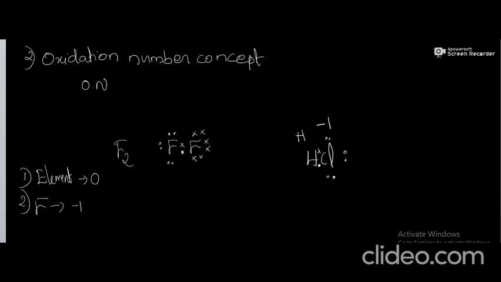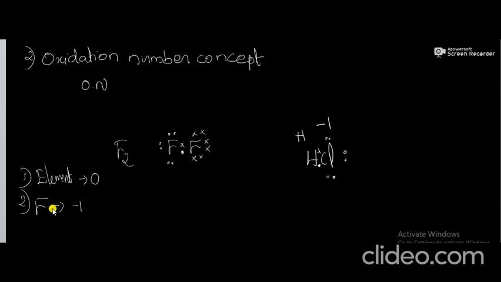Then we have a set of rules for determining the oxidation number of an element in a molecule or ion. First rule: the oxidation number of any element in the uncombined or elemental state is 0.